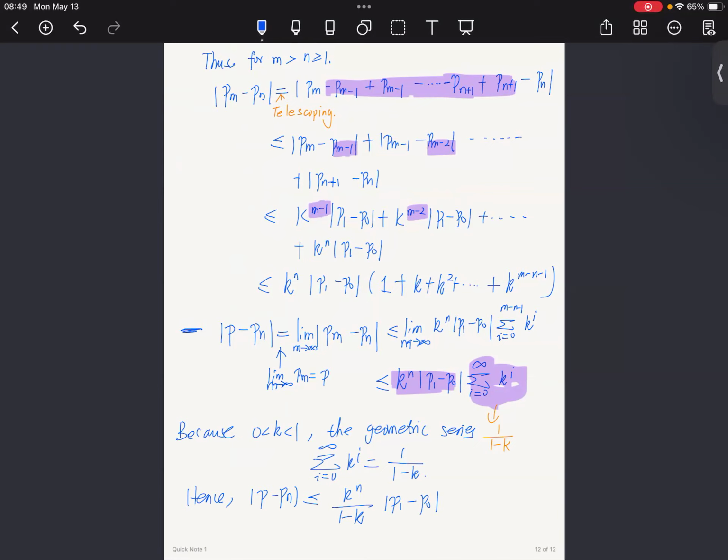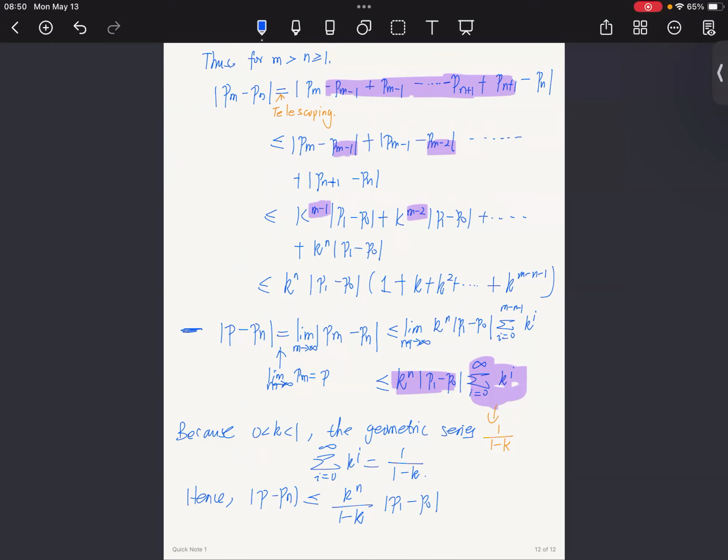So to recollect, from the very beginning, we just estimate the neighborhood difference, and then we do the difference between any arbitrary items. We do this because we are going to estimate this error here, and we let p be the limit of the p_n. So that we can estimate this part, and then take the limit m to infinity.